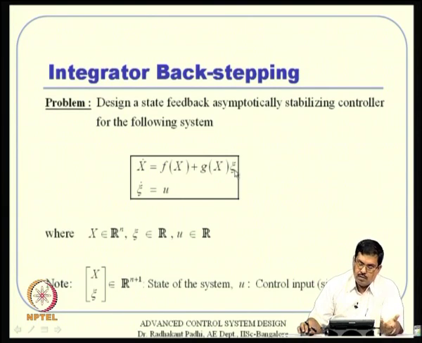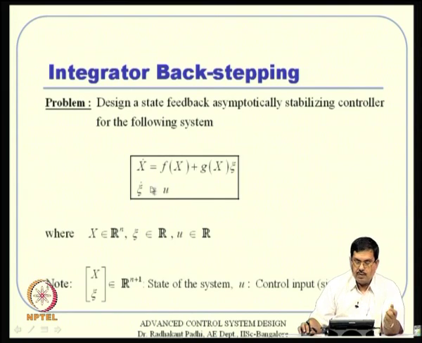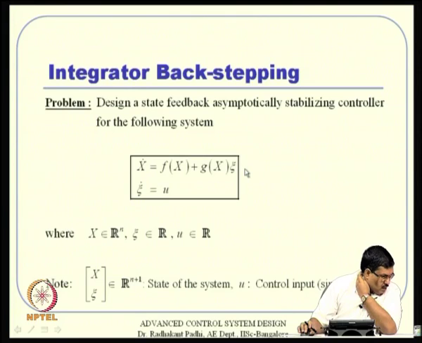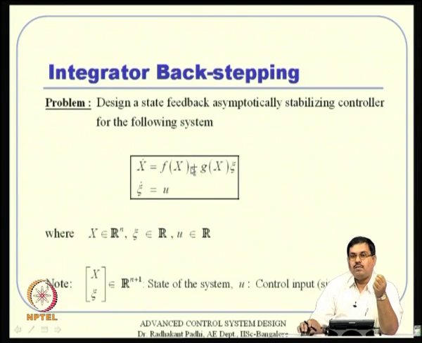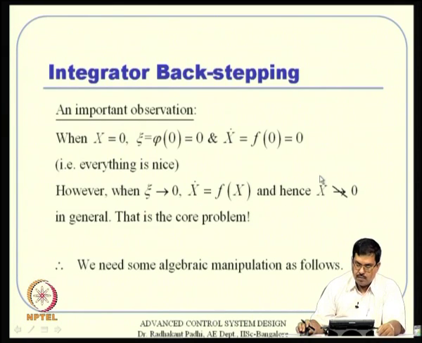Only in the closed loop sense will x go to 0; that is how the guarantee is there, because we have designed a feedback control for that behavior, but for the homogeneous system there is no guarantee. That means when xi goes to 0, we are not sure whether x will go to 0 or not, but that is not allowed, because our final aim is to make sure that x goes to 0. So how do you do that? That is the core problem.